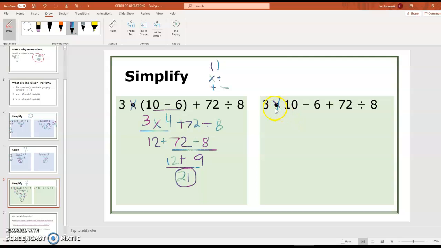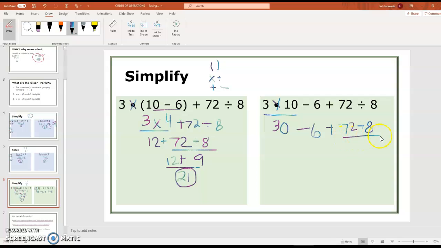Now on this one, you have multiplication, subtraction, addition, and division. No parentheses. So guess what you have to do first? You're right, the multiplication. And then what do you do? Rewrite the rest of them. Okay, now what? Minus, plus, divide.